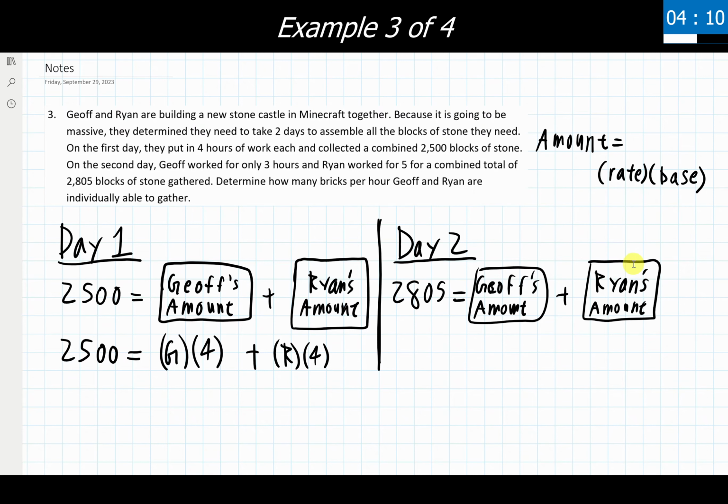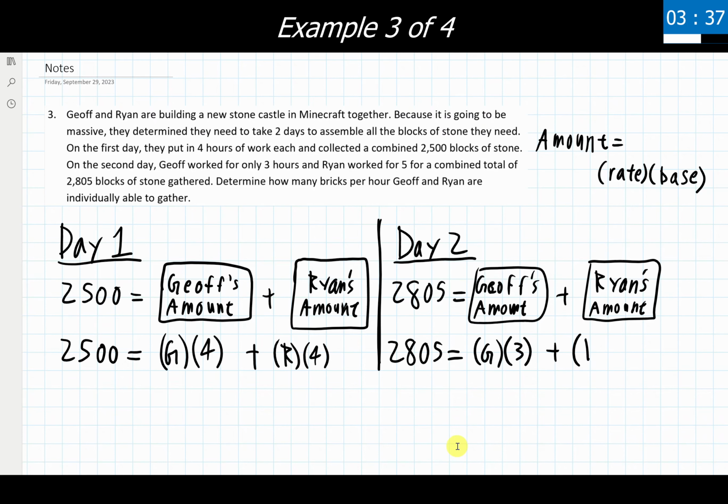But here we have some slightly different information. On the second day, Jeff worked for only 3 hours. So we can safely assume that his bricks per hour, the rate that he's working at, is going to stay the same. But the hours that he worked is going to be lower than it was on day 1. So I can modify this second equation as such. Jeff's amount, he has still some rate that he's working at, which we don't know, but he only worked for 3 hours.